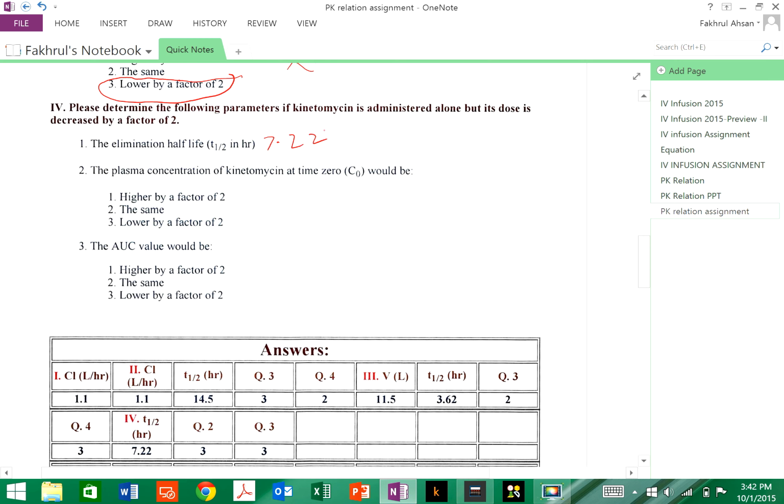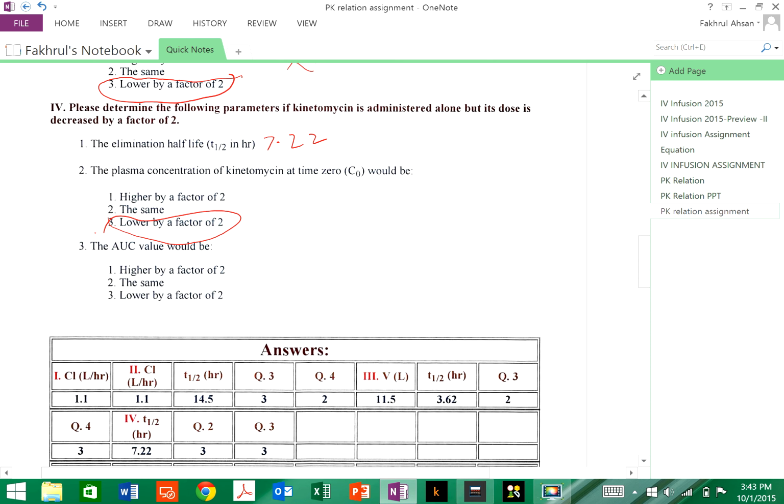What is going to happen to plasma concentration? As you have decreased the dose, initial plasma concentration is going to decrease by a factor of 2 because you have just halved the dose. Plasma concentration is going to be half.